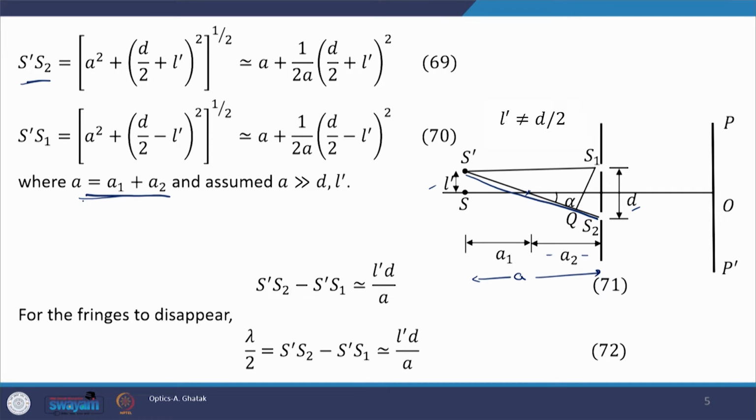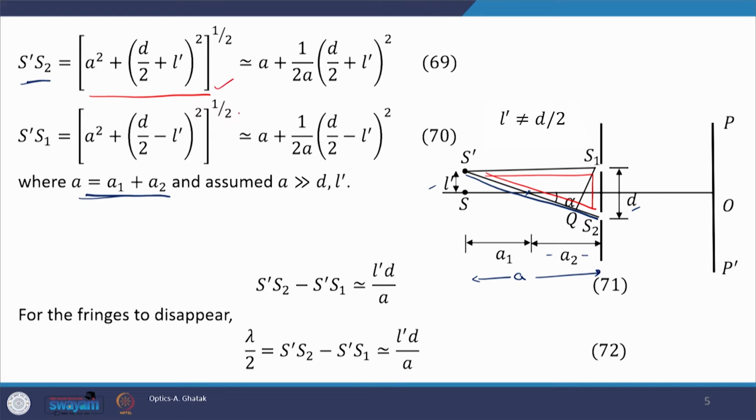With this condition, we can calculate S prime S2. If you consider this right angle triangle, then S prime S2 is the hypotenuse, so S prime S2 would be the square root of S prime S1 square plus S1 S2 square, and this is what is done here.